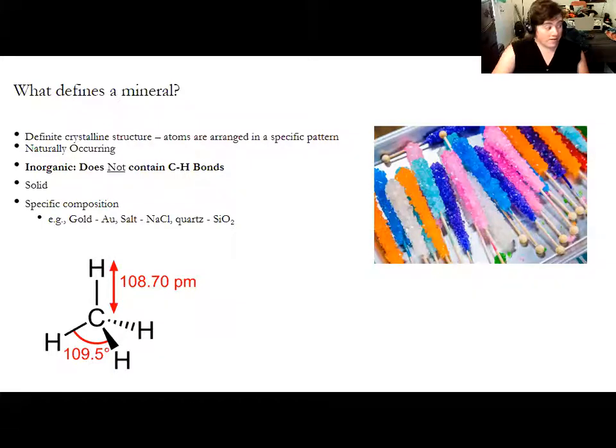We're not really going to worry about that distinction here, but if it has carbon-hydrogen bonds, which sugar does, which methane does, this is the other greenhouse gas, the stinky one that's coming from all the bogs and from cows farting, but that's also an organic compound, but not minerals.